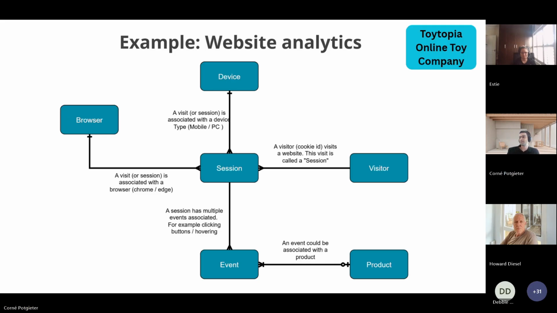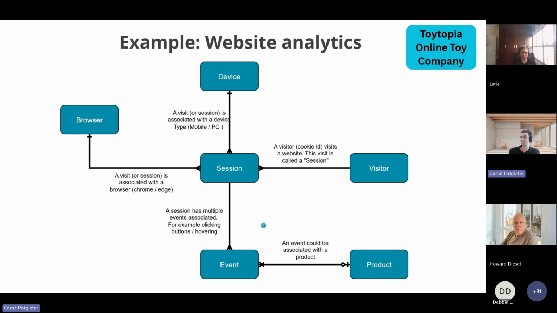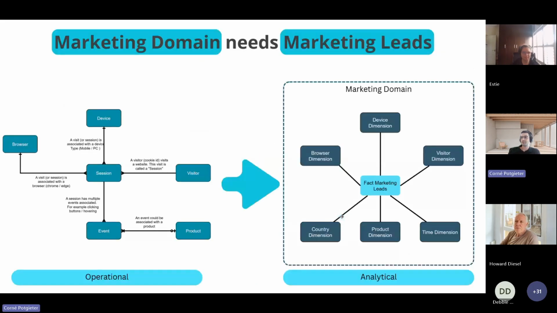And I find it quite interesting because I see all of this behavior, and it's quite interesting what you can do with this data. So let's take the example where the marketing domain wants to be able to track what they call marketing leads.